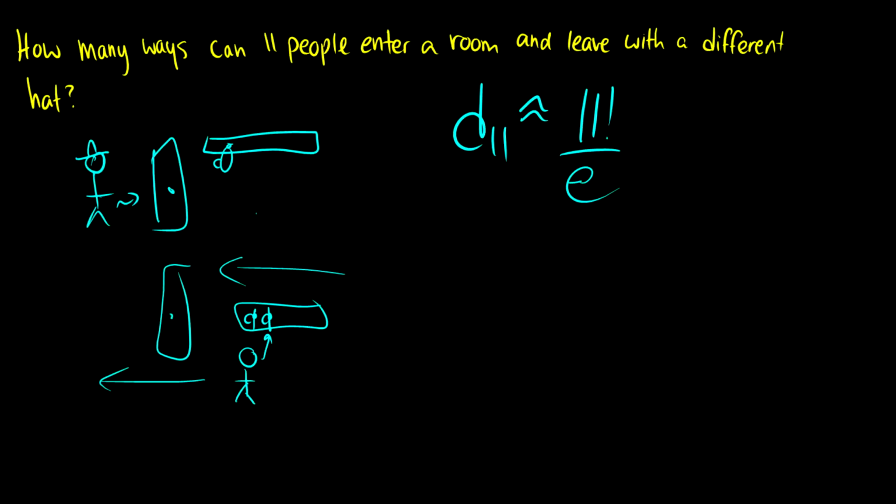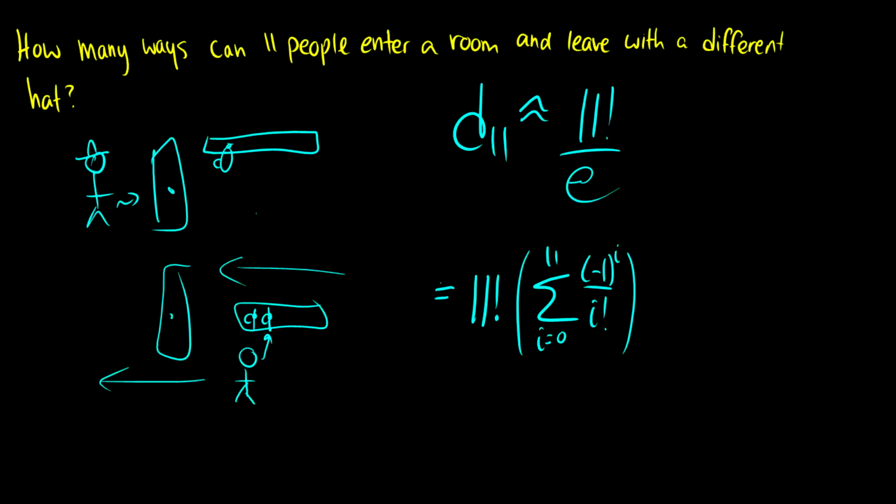What you could do instead is say, oh yeah, that's actually equal exactly to 11 factorial times the sum as I goes from 0 to 11 of 1 over I factorial. Sorry, this should be negative 1 to the I times I factorial.